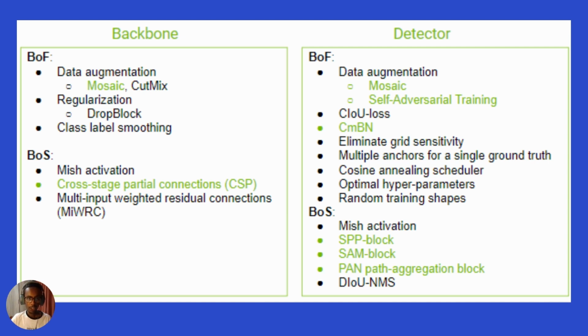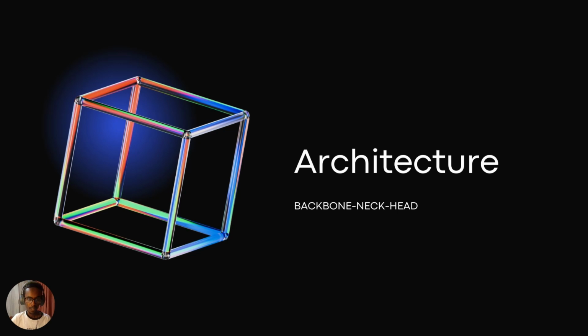As you can see on the image, these are all of the techniques that were tried in the YOLOv4 paper, and the ones that are highlighted in green will be the ones that we will be focusing on in this video.